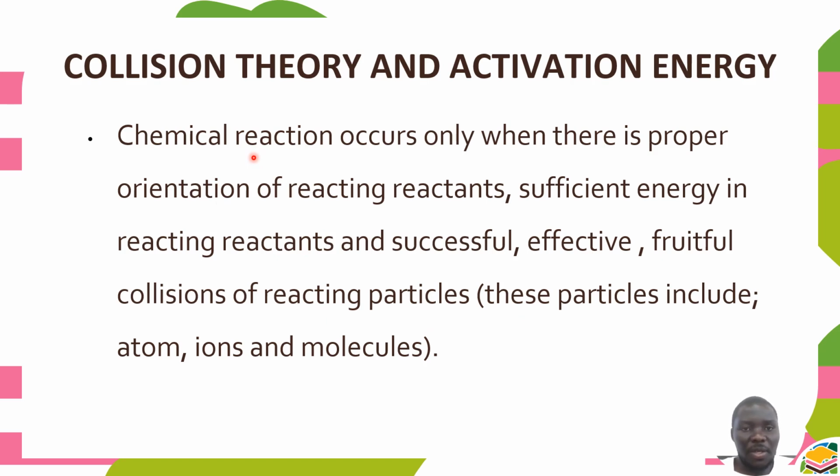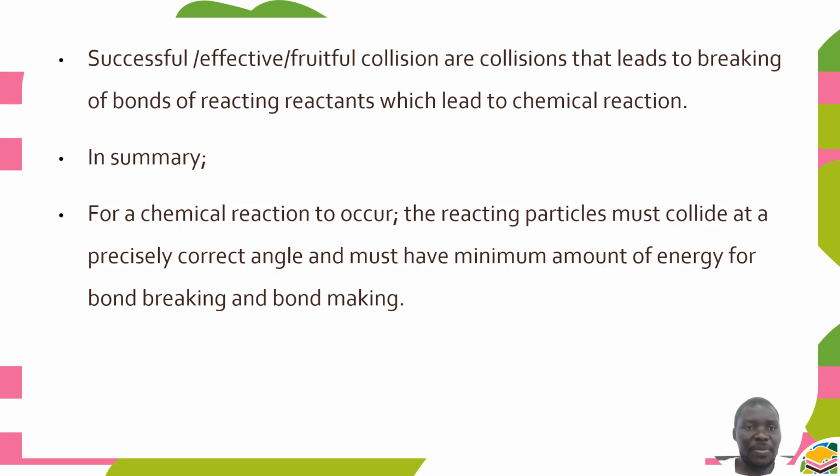So for collision theory, we have said that for a reaction to occur, these three things must be there: proper orientation of reacting reactants, sufficient energy in the reacting reactants, and successful or effective collisions between reacting reactants. If they are not there, it means a reaction will not take place.